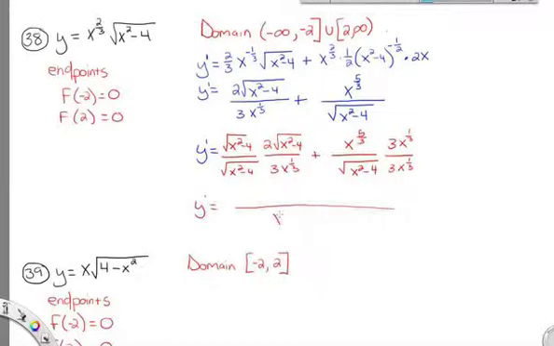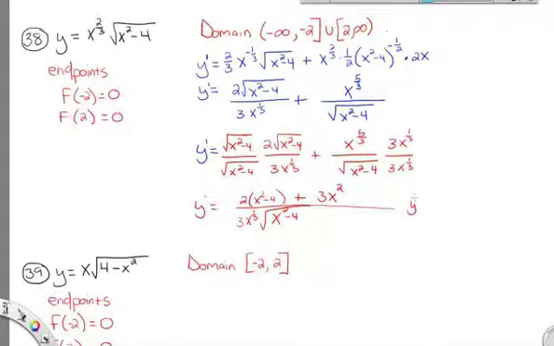The denominator, and now let's look at the numerator. The square root of x squared minus 4 times the square root of x squared minus 4 is just x squared minus 4. Plus 3, and then I add the exponents and I get 6/3 x squared.